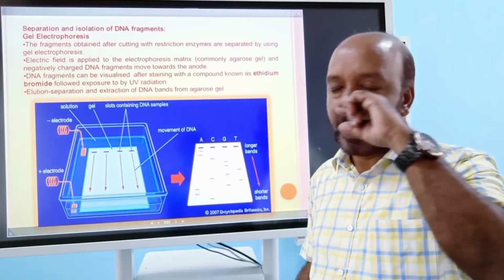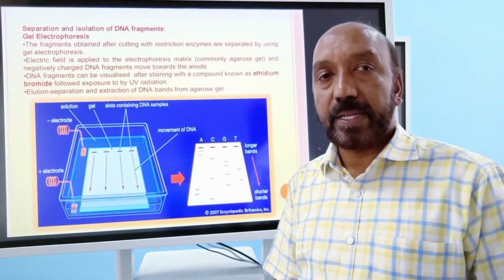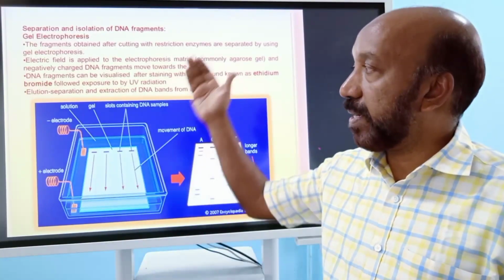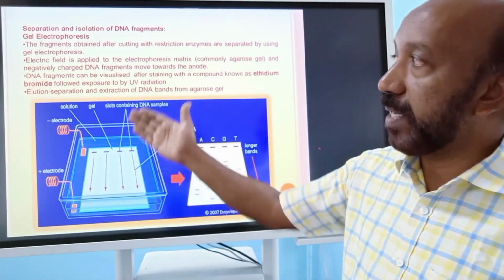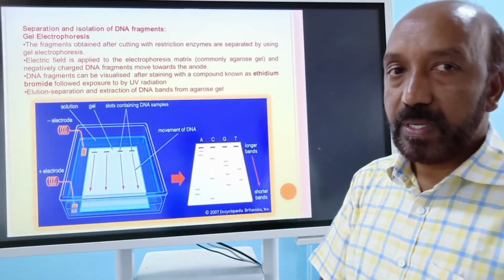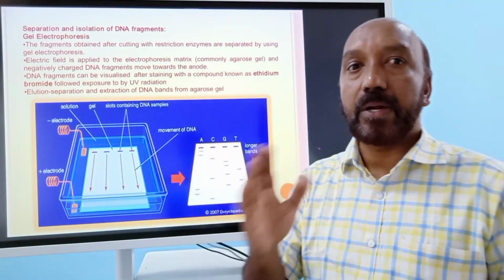Next, after cutting, there are some techniques to separate the DNA fragments. The technology we use, as you know, is gel electrophoresis. The fragments after cutting with the restriction enzymes are separated using gel electrophoresis.